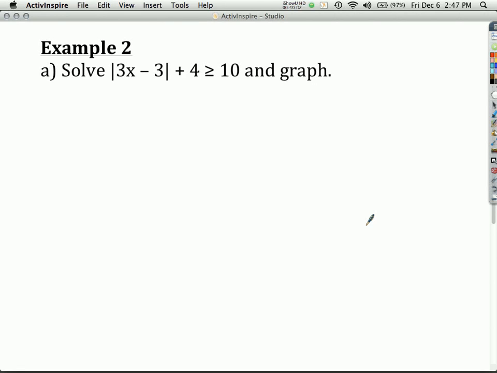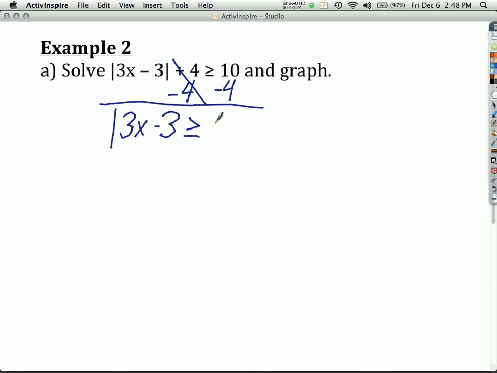What did she say? Oh, okay. Go ahead, Caleb. What do you think we should do? Do you think that's what we should do? Yeah, subtract 4 from both sides. Good. So we'll subtract 4 from both sides. Excellent. This will disappear. And now we've got the absolute value of 3x minus 3 is greater than or equal to 6.